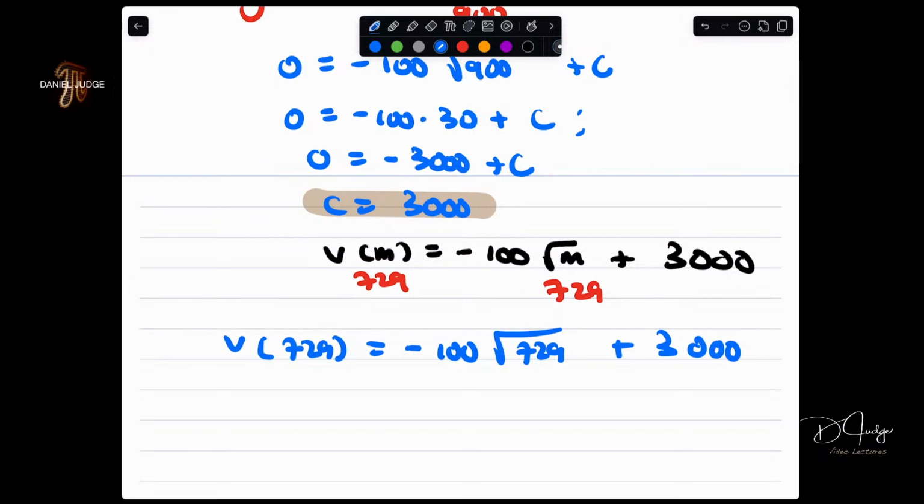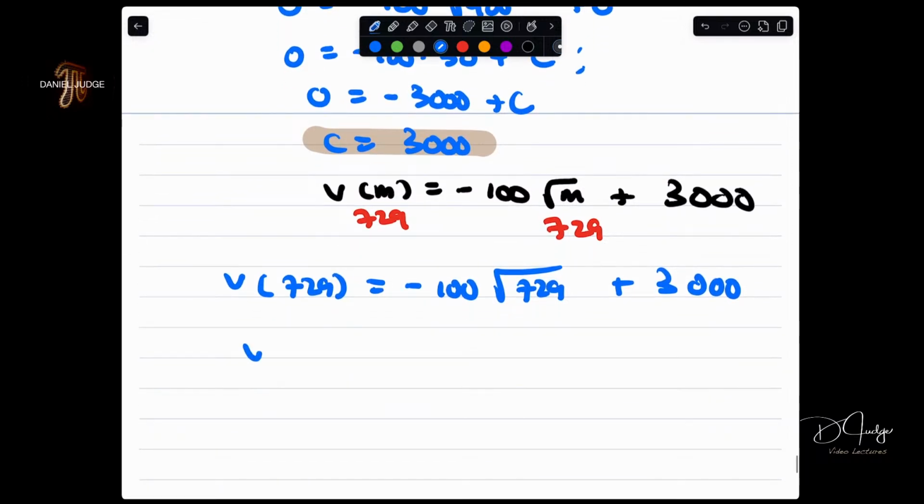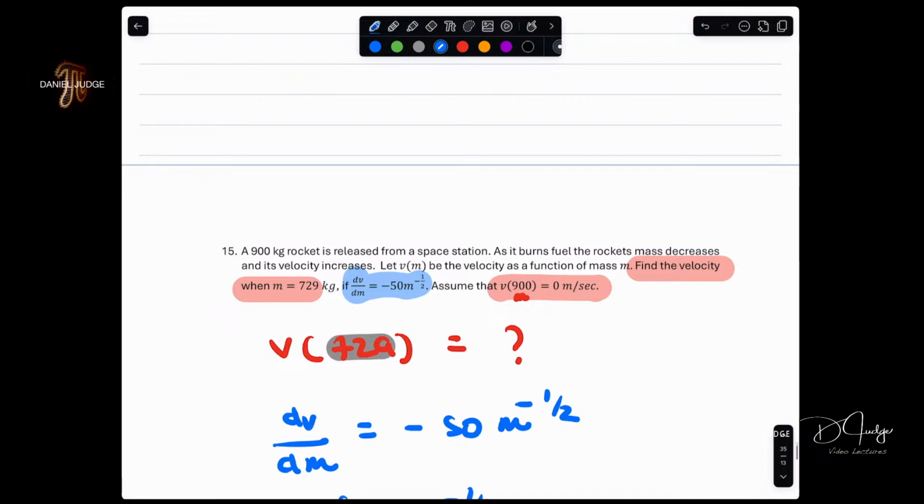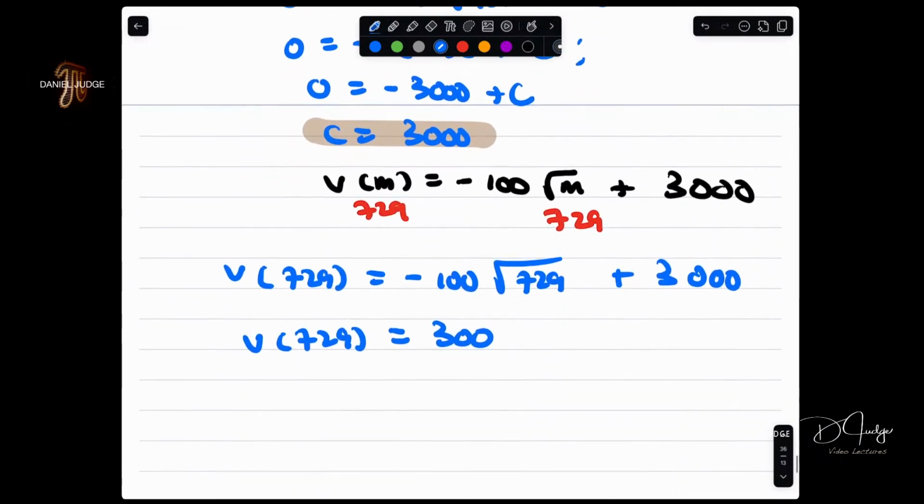So I'm going to punch this in a calculator here. Negative 100, you guys can't see that. Sorry, square root 729 plus 3,000. That's 300. Wow. Okay, now it's 300. So what's the story? What are the units? Meters per second. So it's meters per second.